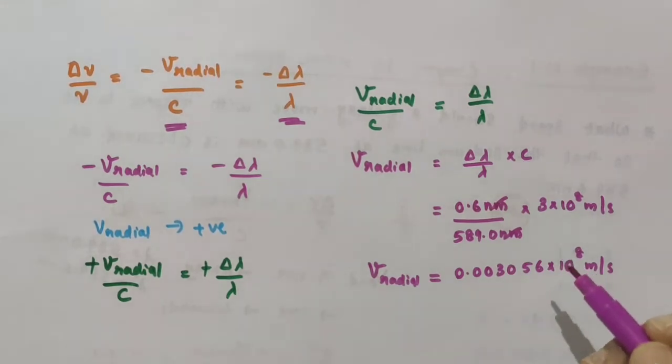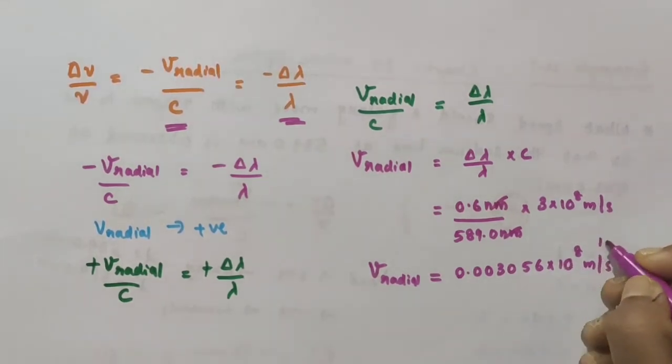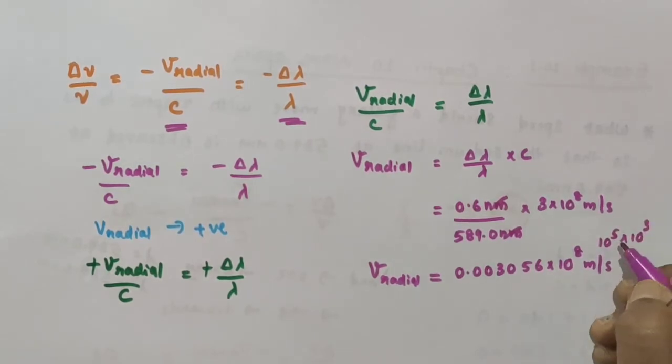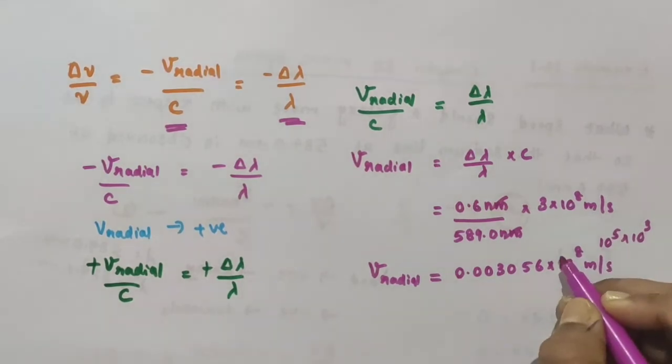Now you see, this 10 raised to 8 can be written as 10 raised to 5 into 10 raised to 3, no? x raised to m into x raised to n is equal to x raised to m plus n. 5 plus 3 is equal to 8.